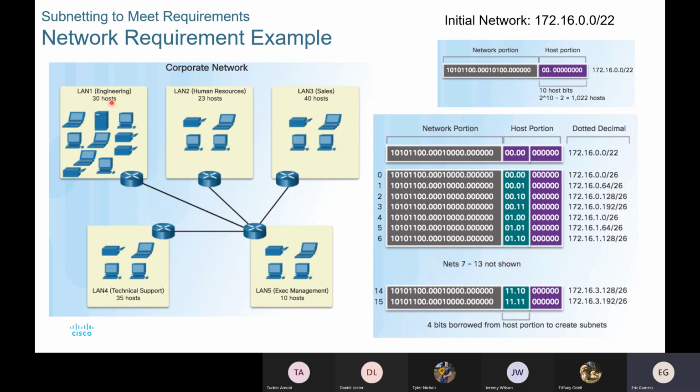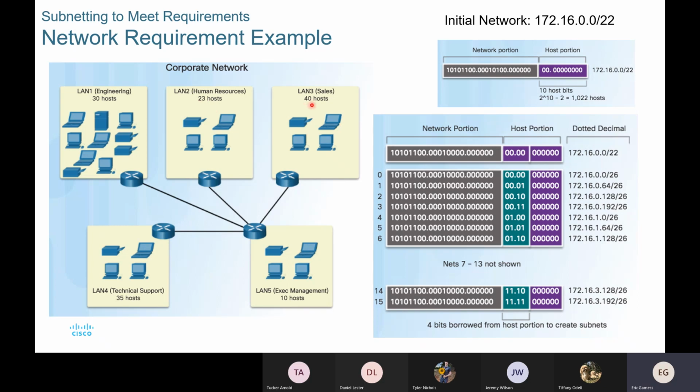Is 64 IP addresses enough for the engineering department? Yes. They need 30. I could have given them 32 and they would be happy. Is 64 enough for human resources? Yes. They need 23. So I could have given them a network of 32 IP addresses in total.